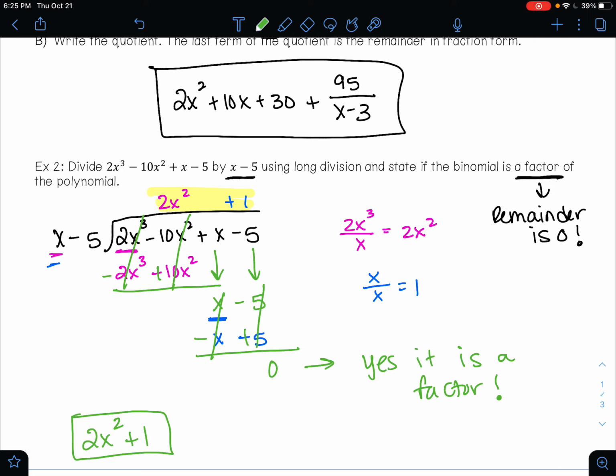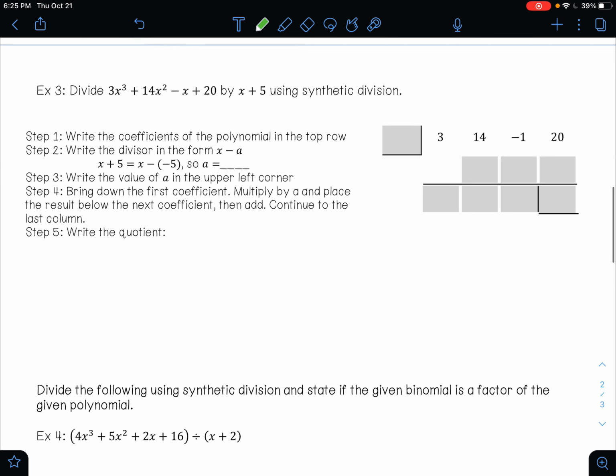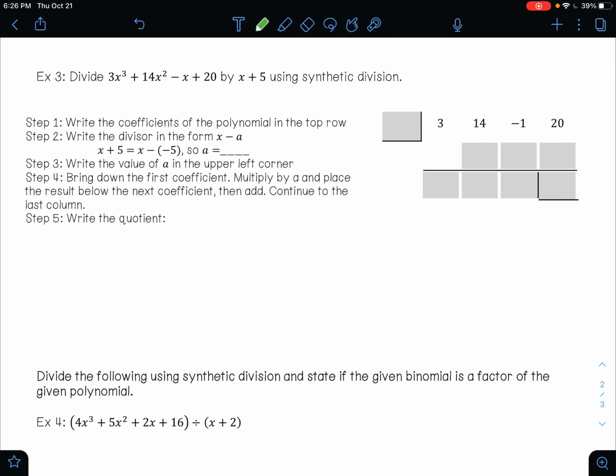But there is a faster and easier way. The faster and easier way is through synthetic division. So let's look at example 3. With this example, we have divide 3x cubed plus 14x squared minus x plus 20 by x plus 5 using synthetic division.